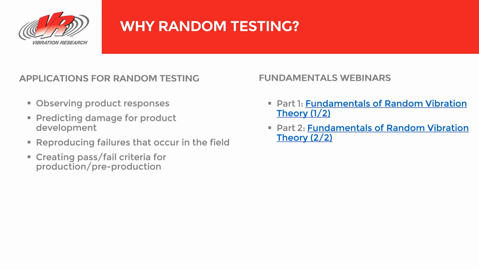Some applications for random testing include observing product responses, predicting damage for product development, reproducing failures that occur in the field, and creating pass-fail criteria for production or pre-production. If you are interested in the why and how of random vibration testing, we do also have a two-part webinar series on the fundamentals of random vibration theory on our website.